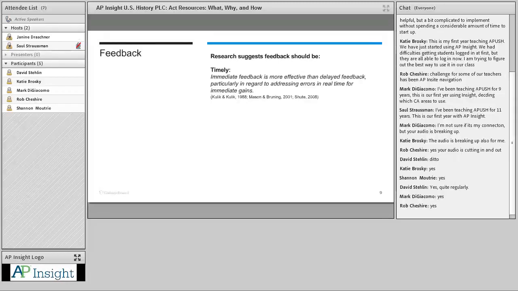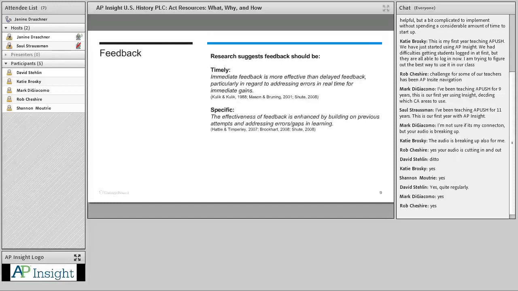We want students to be able to process the feedback, not simply receive that. And in order for that to be useful, the feedback has to be useful to the students in order to have the best chance to increase learning and understanding of the topic and skills at hand.